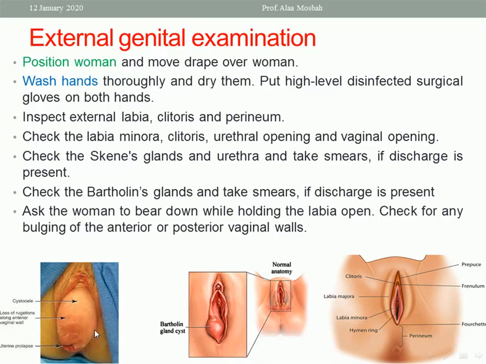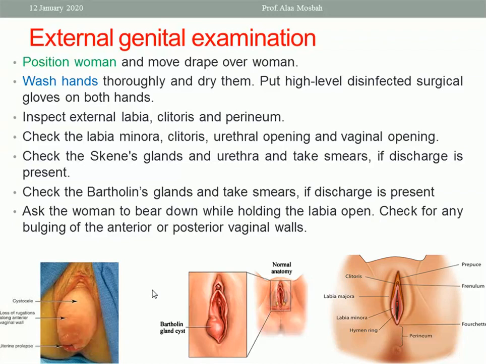If rectocele is present, the posterior vaginal wall and the rectal wall will descend also. It is called rectocele. Also, in case of stress incontinence, when you ask the patient to cough or strain, a spurt of urine will come out of the external urethral meatus, and this is called a positive test for stress incontinence.